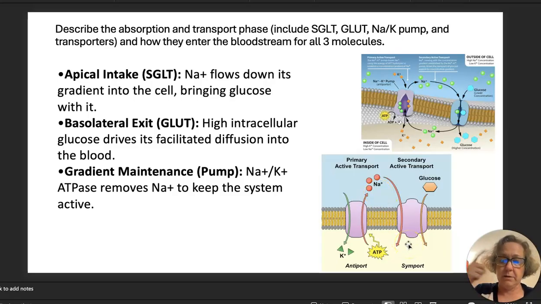It's like, hey, let's go, man. We're going to go into the cell. GLUT has an intracellular glucose, drives its facilitated diffusion, and then it moves. GLUT is going to be the one down here that's going to move it into the bloodstream. And again, our sodium potassium pump is an antiporter, right? Sodium comes out, potassium goes in.